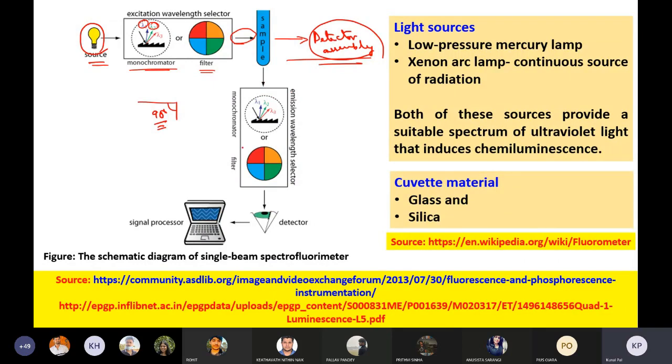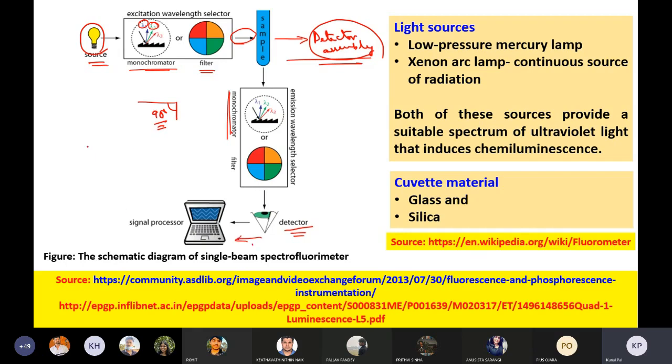Hence, in the fluorescence and phosphorescence spectrometer, you will find that the detectors are at a 90° angle. Over here also, once the light is collected, you can have the monochromator, and based on that you can detect the signal components and process them in the processor.